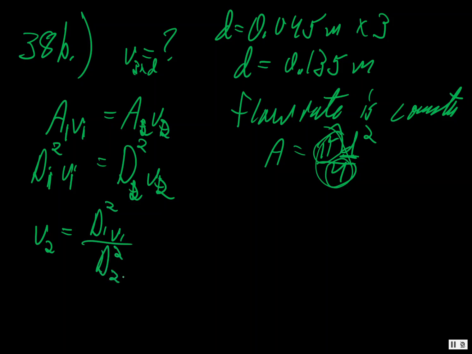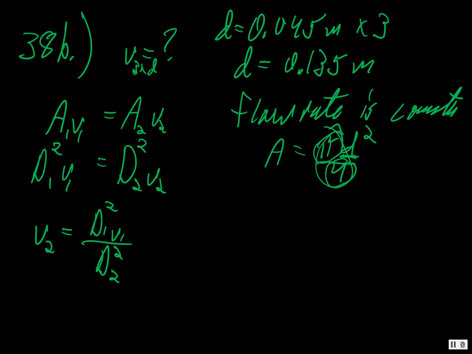Is that going to mess everybody up if I change in midstream? I hope not. Let me fix it. I didn't mean to mess you up. Okay, so 1, 1, 2, 2. All right. So there's our equation.